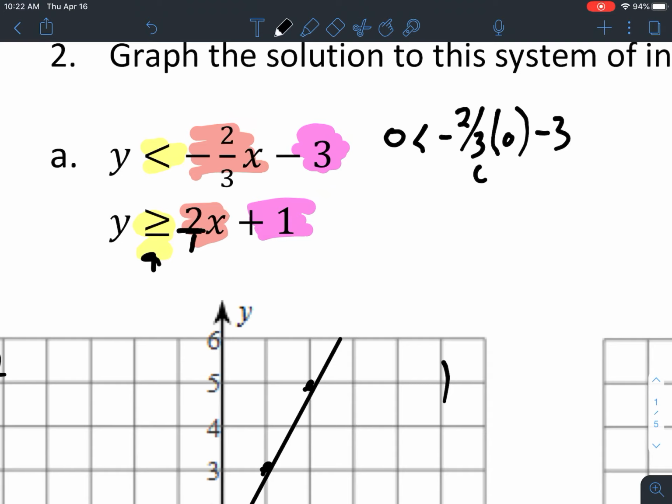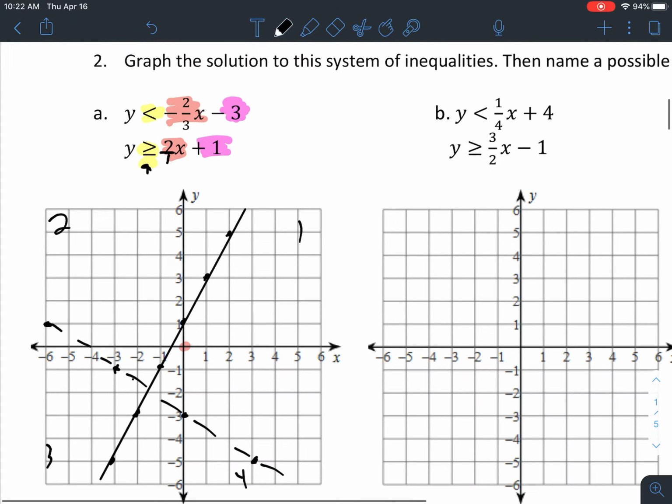Any number times 0 gives us 0, minus 3. Oh, we know right away that negative 3 is not greater than 0, so that does not work. So we know, at least for this first one, this side doesn't work.